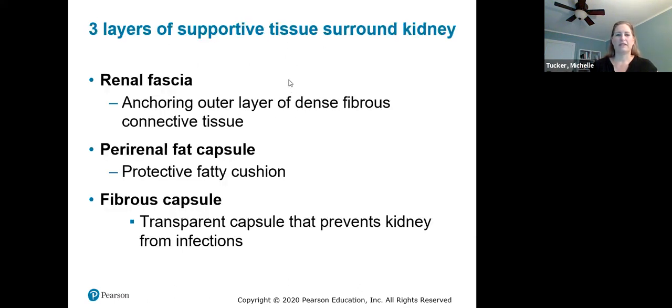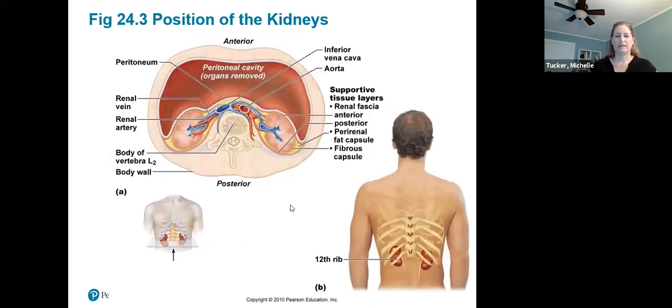There are 3 layers of supportive tissue that surround the kidney. The one that is right around the kidney is called the renal capsule. So when you hear of a kidney bean, it's got that dark brown color. That is the renal capsule that surrounds the cortical and medullary tissue. And then the kidney sits in this perirenal fat capsule.